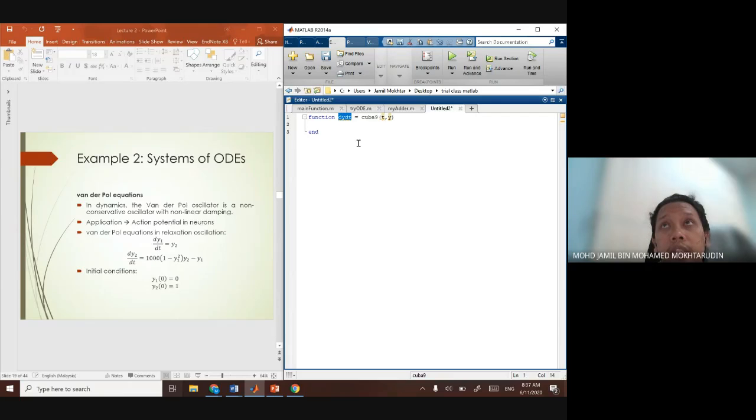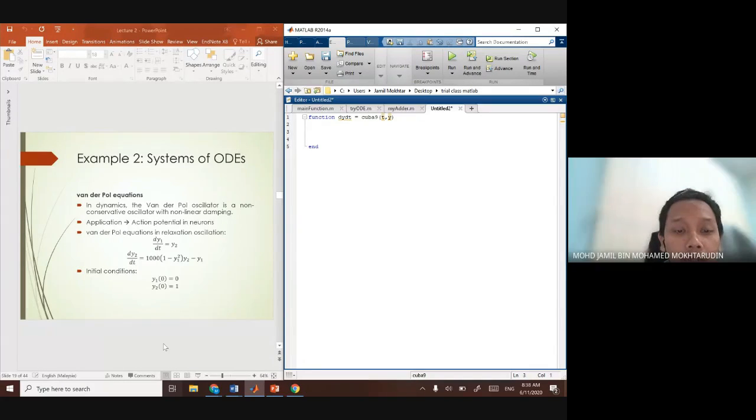Yesterday your array was dimension 1 because you only had one equation. But now you have two equations, so you have dy/dt as a dimension 2 array.